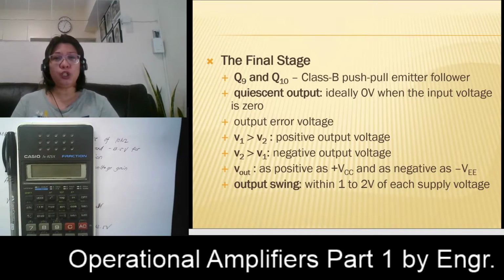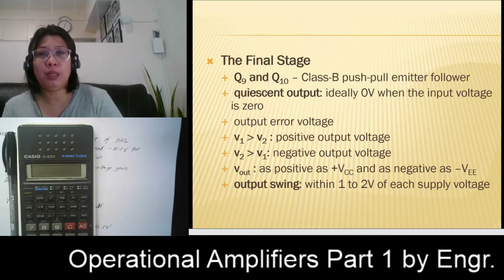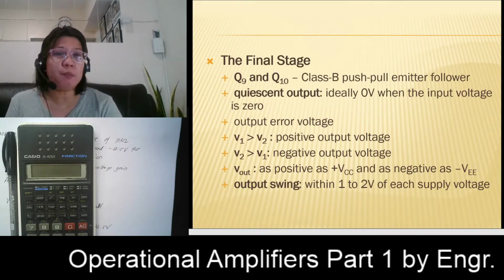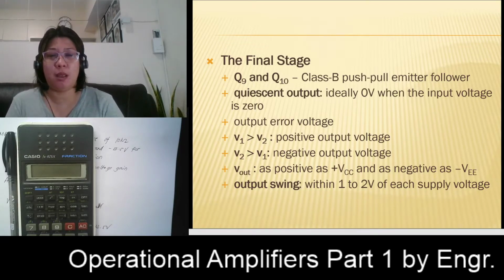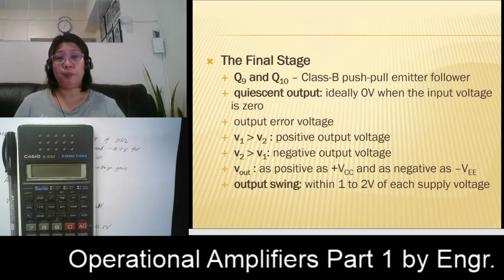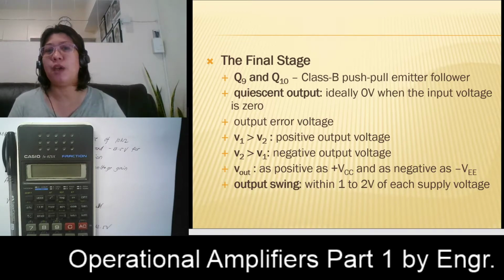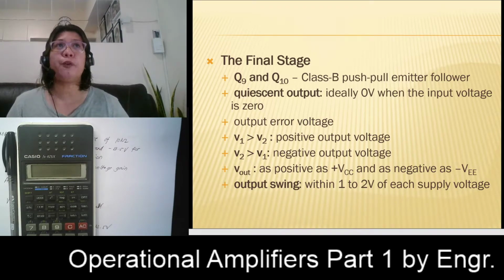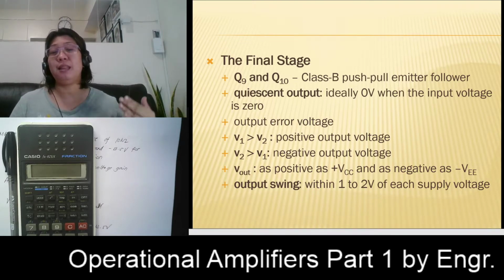That is the reason why, when we input 1 volt, it is not possible for us to have a value equivalent to 100,000 volts, because your output is being limited by your source. If our source is positive 15 and negative 15, our output will just be within the maximum of positive 15 and negative 15.